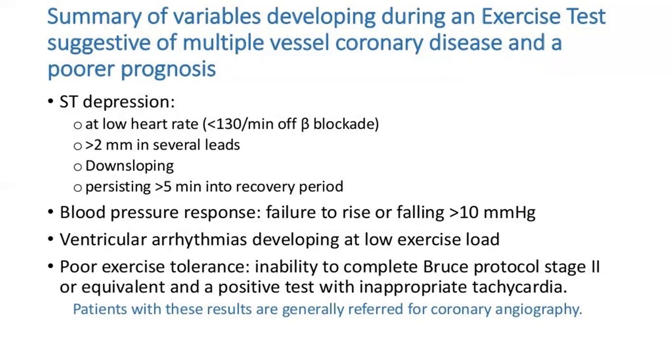ST depression at low heart rate, above 2 mm in several leads, downsloping, persisting above 5 minutes into the recovery period; blood pressure response, failure to rise or falling above 10 mmHg; ventricular arrhythmias developing at low exercise load; poor exercise tolerance, inability to complete Bruce protocol stage 2 or equivalents; and a positive test with an inappropriate tachycardia. Patients with these results are generally referred for coronary angiography.